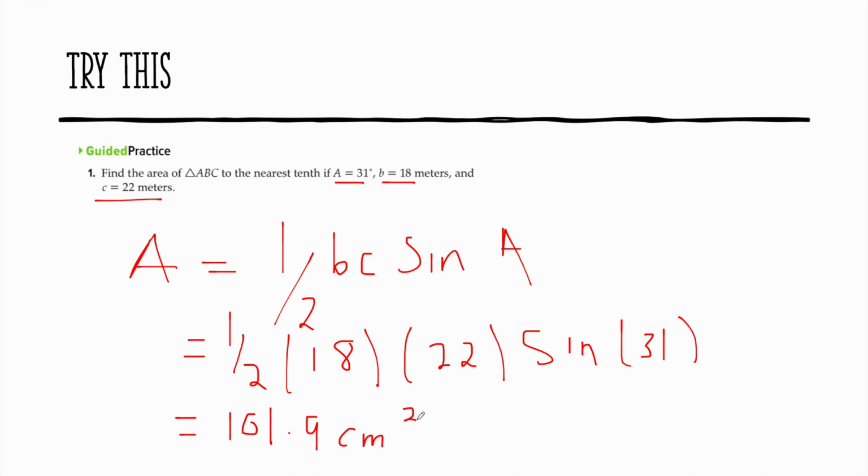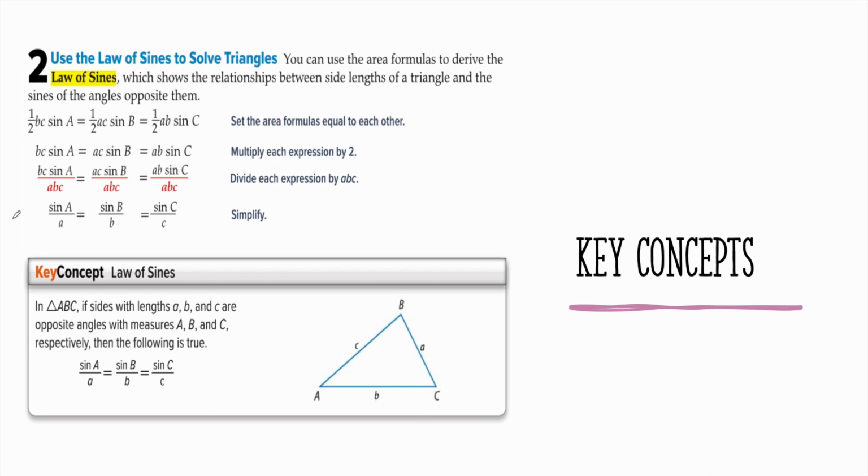Now let's look at the sine rule. The sine rule was derived from the area rule. So the area rule, as we've learned it, goes like this. If you multiply all the sides by 2, then we have this part. Then we divide by ABC.